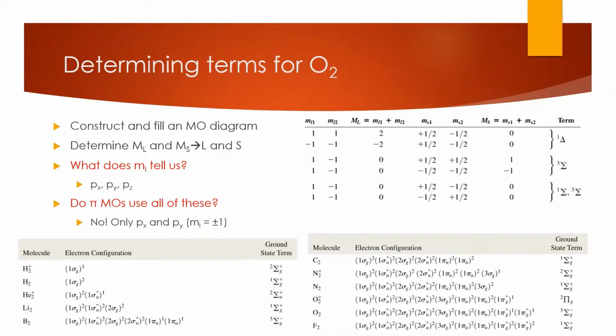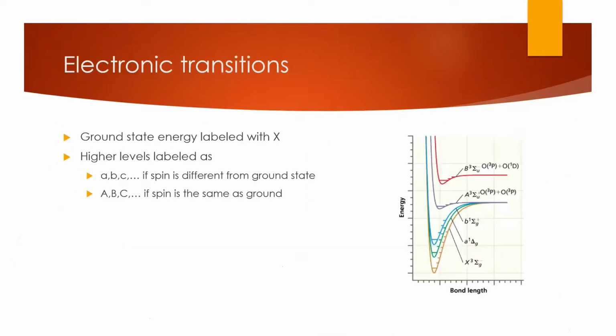So it is best to think of these molecules as having this energy well. And we've constructed these energy wells before in lab. Think about transitions between electronic states as going from one energy well to another. So here we can see our ground state, the 3 sigma g for oxygen.